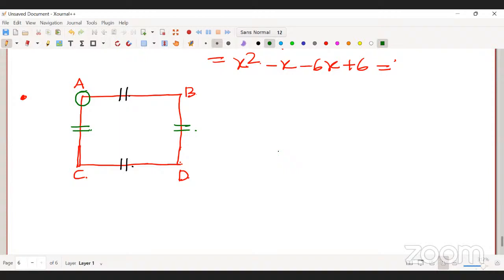So you can get the coordinates of A, and similarly the coordinates of D. For D, you need to find the intersection point of the lines CD and BD. Once you find that, you can find the coordinates of D.